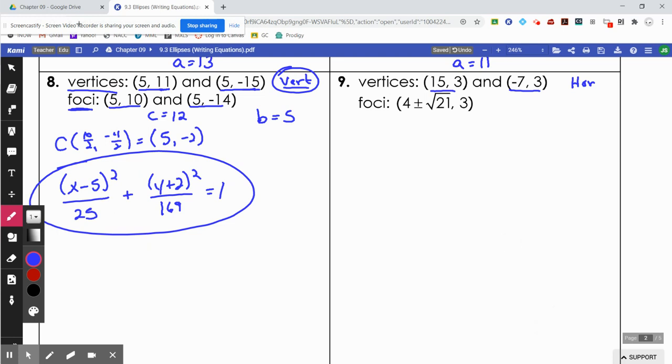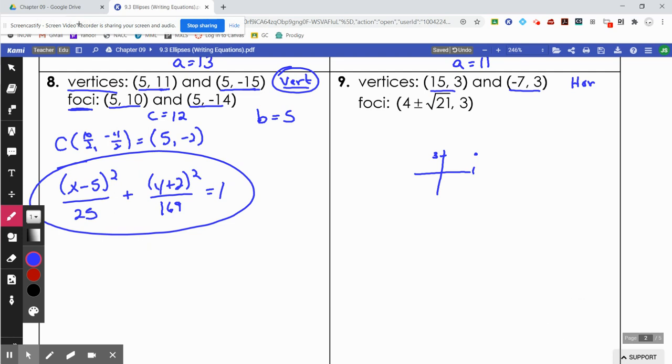Your foci, let me kind of graph this out for you, see if it makes more sense. (4 + √21, 3) and (4 - √21, 3). So let's say here's 3 on my y-axis, and here's 4 on my x-axis, right there. So plus root 21, that's somewhere around 4 or 5, about 4.5.